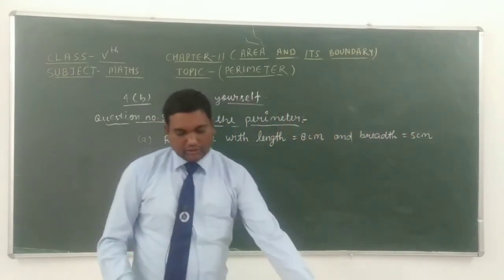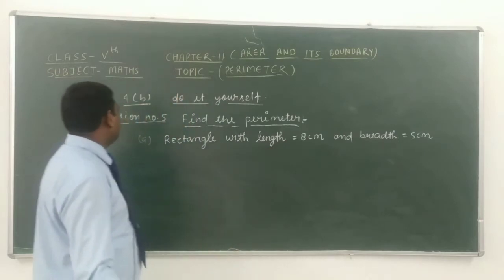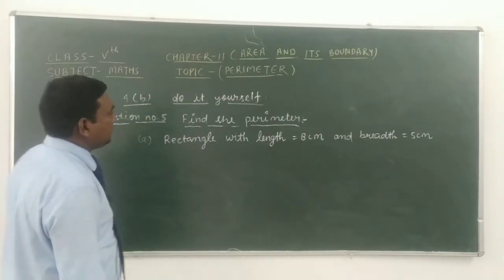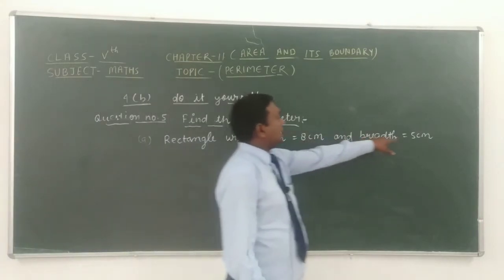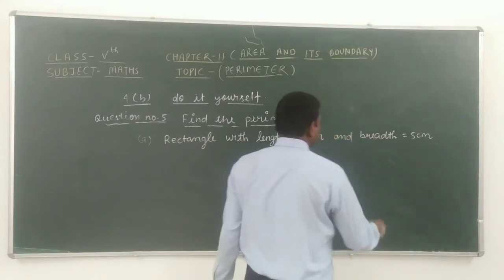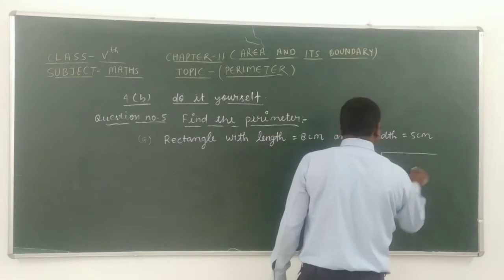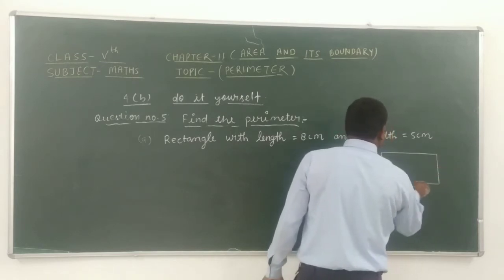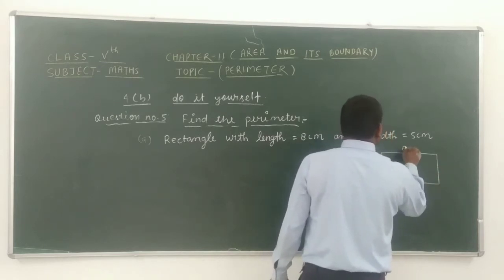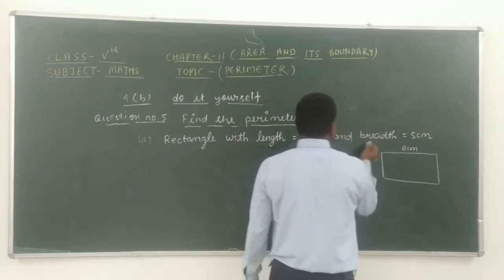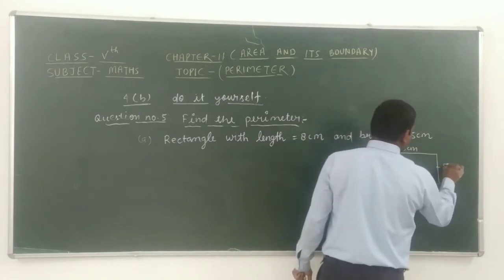Okay dear students, look at here carefully. Here given that a rectangle with length 8 centimeter and breadth 5 centimeter. Suppose that this is a rectangle of length 8 centimeter and breadth 5 centimeter.